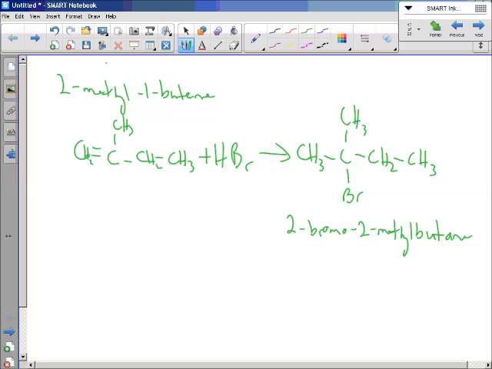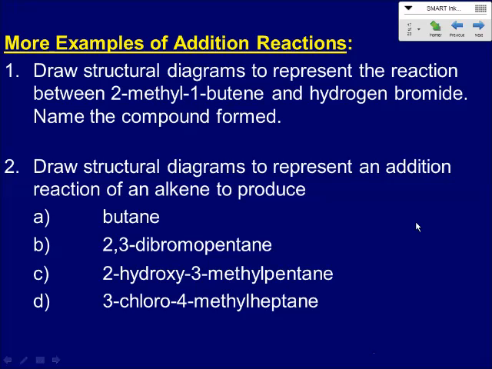Now the next examples are a little tricky, and this is where, if you're good at this, you have the potential to be a good organic chemist. In the next examples, we tell you the product that we want formed, and then we ask you to draw the reactants.